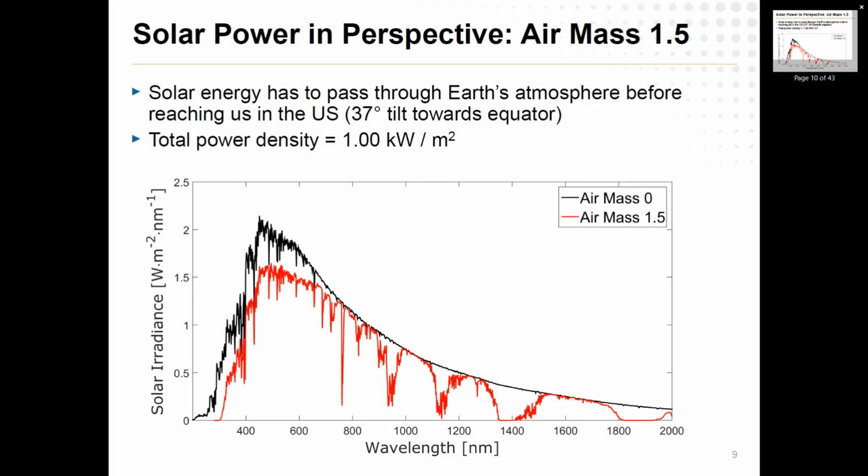If I have a solar cell that's specially tuned to this particular spectrum, then I know it will work well in the continental US. So you notice all these weird absorption lines here because of carbon dioxide, water, oxygen and nitrogen absorption. You can download the data for that off of NREL's website, and it's just a tabulated bunch of data for solar light versus wavelength that you can use to your heart's content.